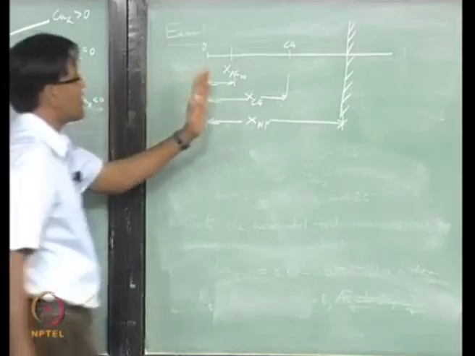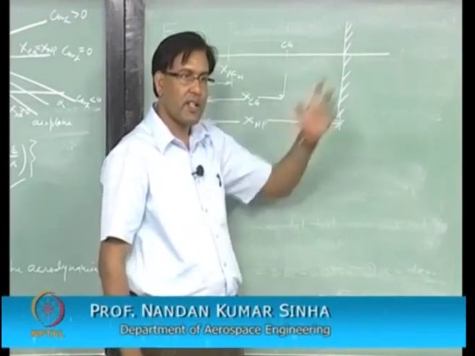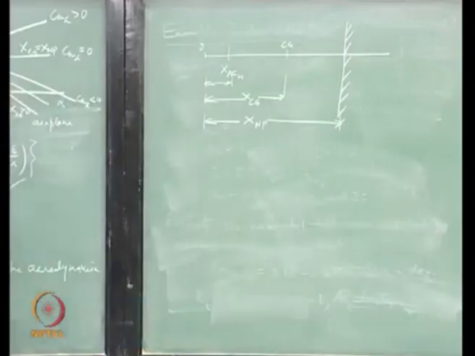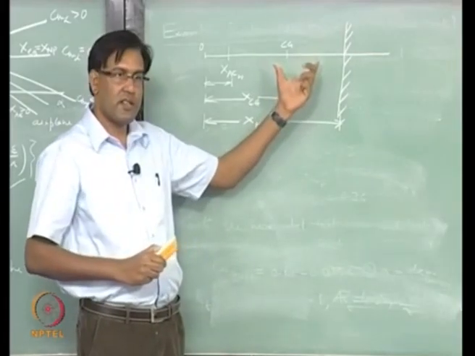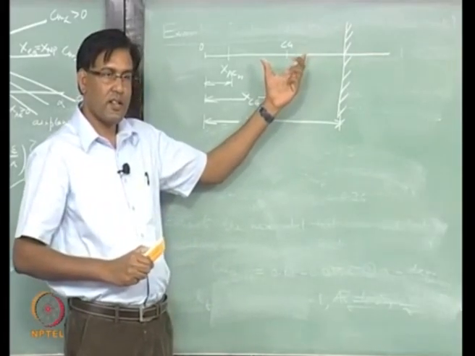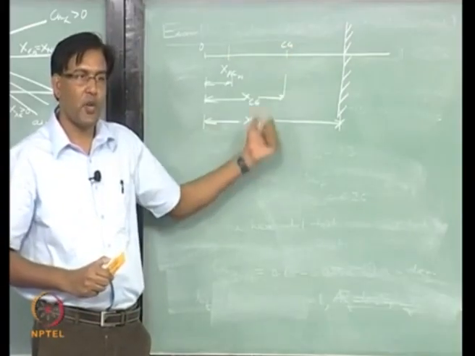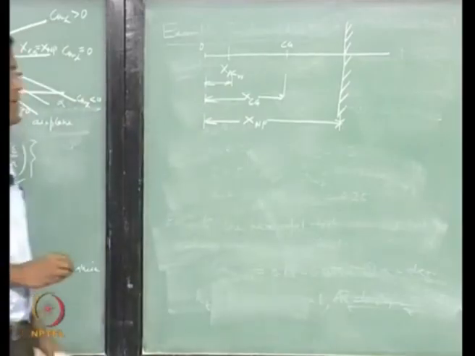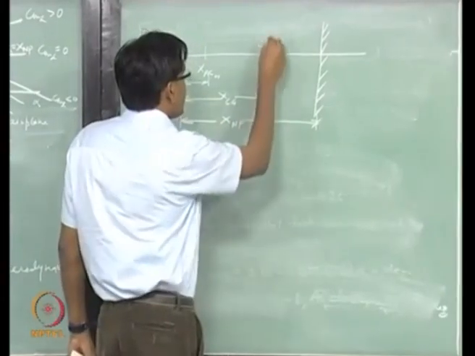If CG goes behind this, then what happens? The aircraft will become unstable in pitch, right. So you have to ensure that your aircraft is having your CG lying ahead of the neutral point all the time, right. Okay.